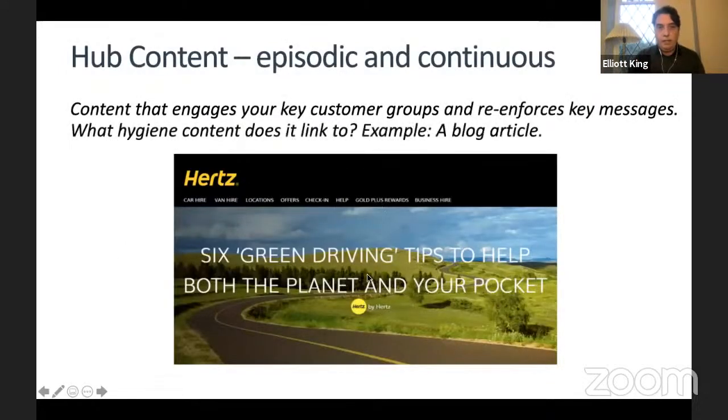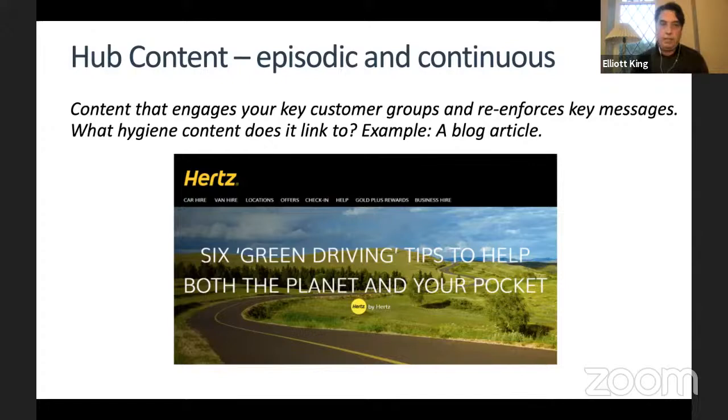And then, we mentioned hub content might be a blog article. In this case, Hertz, like many companies, will create a lot of blog content, and the idea of blog content is that it will support certain pillars that will underpin certain messages that you want to get out to certain audiences.